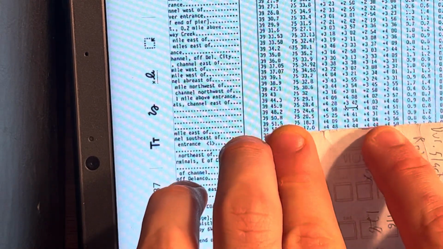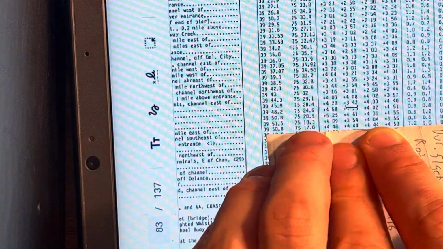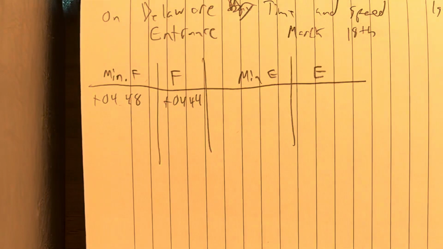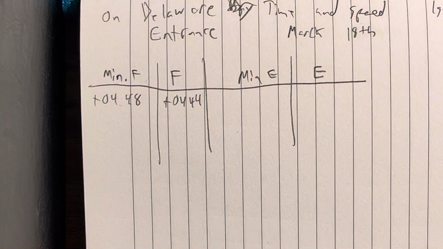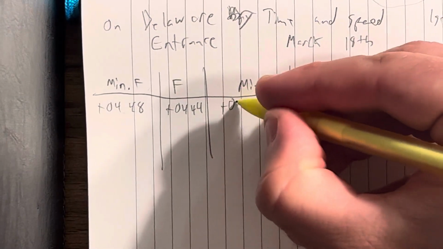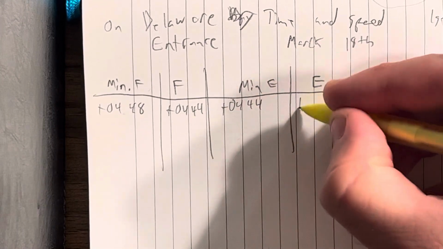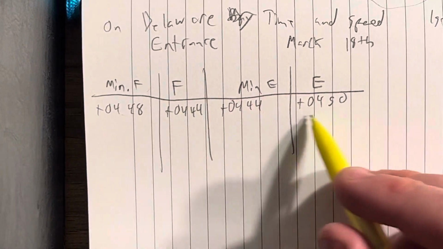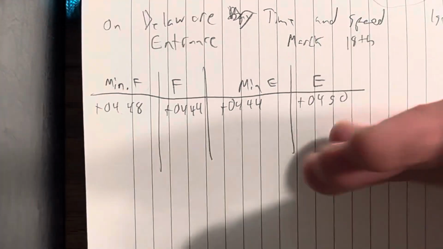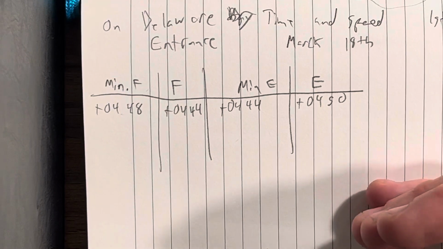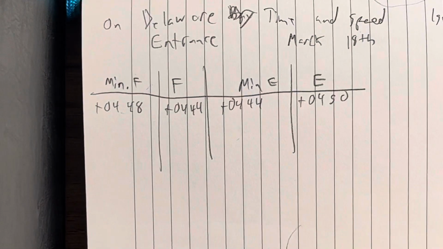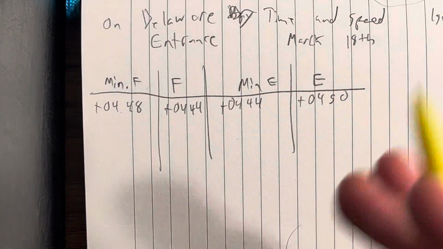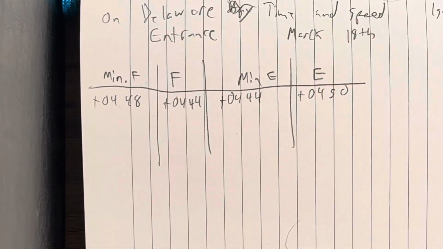So there's our floods. 4 hours, 44 minutes for the minimum before an ebb, and 4 hours, 50 for the ebb. So plus 4:44 and plus 4:50. So you can see, obviously, the numbers tend to be pretty similar because basically the whole tidal cycle is just being offset right around 4 hours, 40-ish minutes for all of these. It's still preserving the same relationship between them.